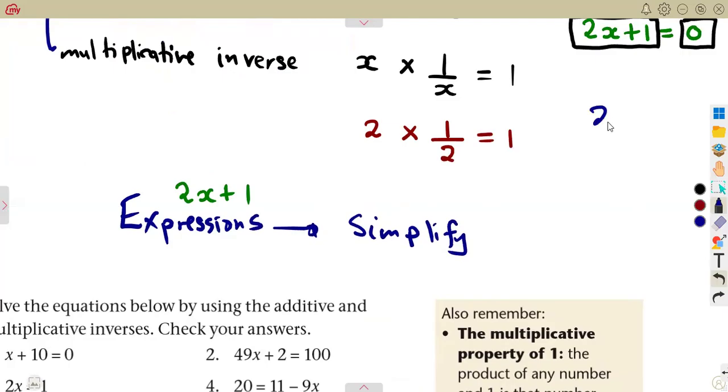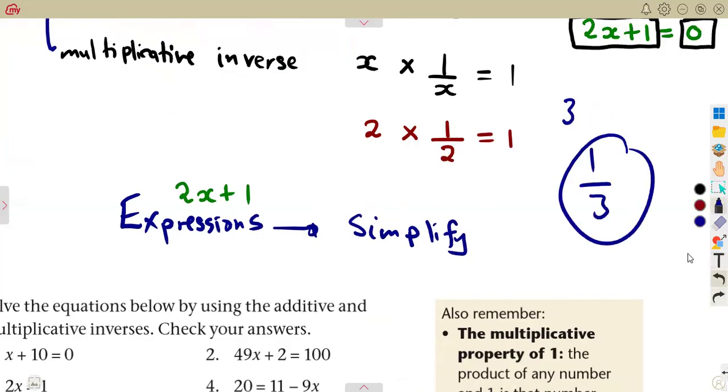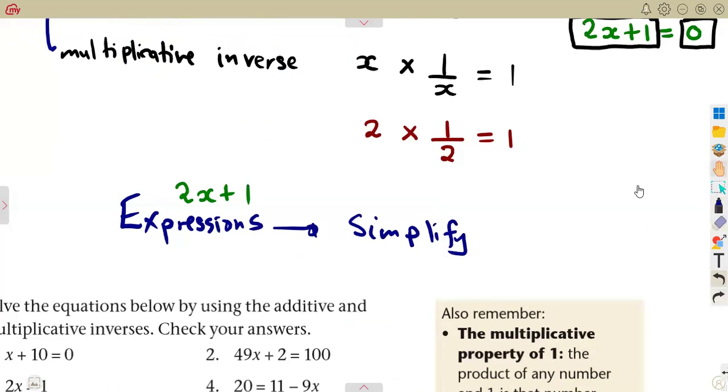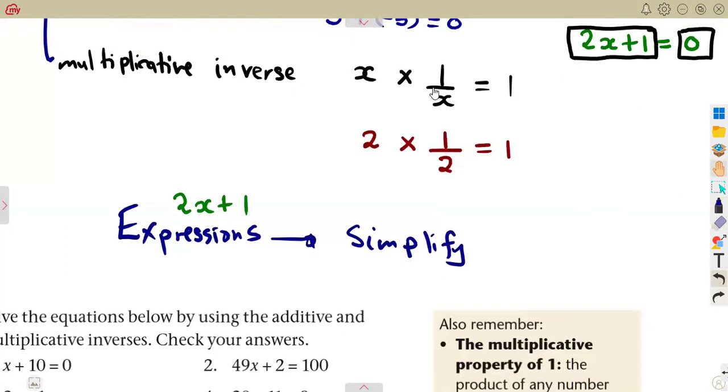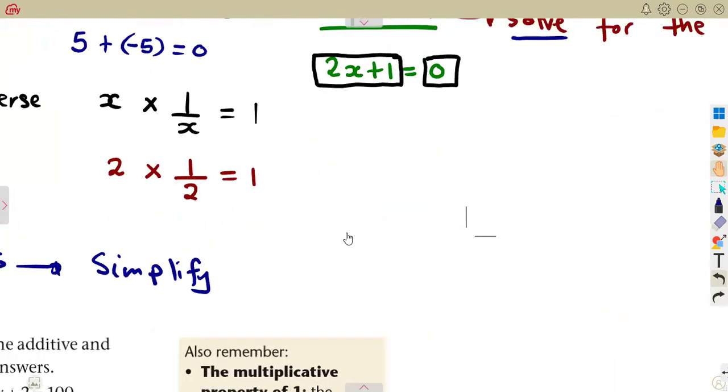If you're just given 3, the reciprocal of 3 is simply going to be 1 over 3. That is the reciprocal. So the question is, if you multiply and you get a 1, 2 times 1 over 2, you get a 1, how can we solve equations using this concept?